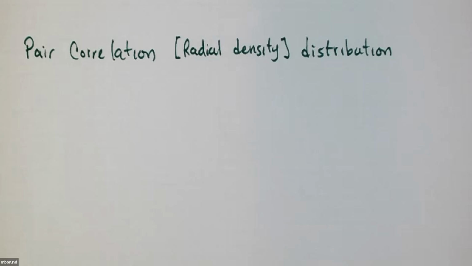All right, so pair correlation or radial density distribution. When you're dealing with a many-body system, the correlations that you find is what defines it.